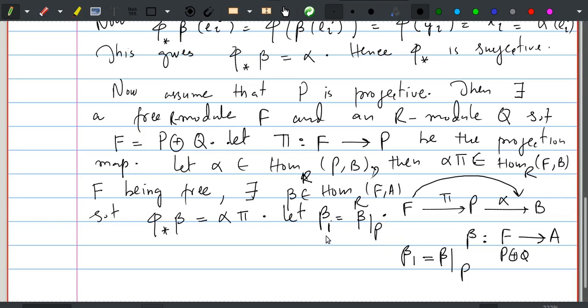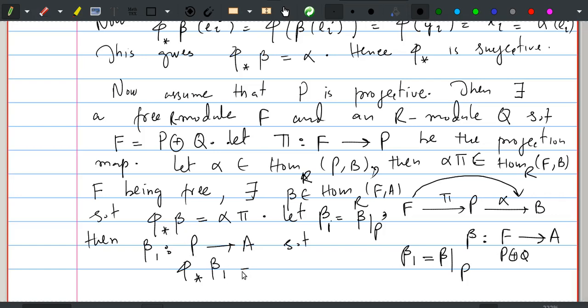So if this is the case, then this beta 1 is actually a map from P to A, such that phi star of this beta 1 is actually alpha pi.